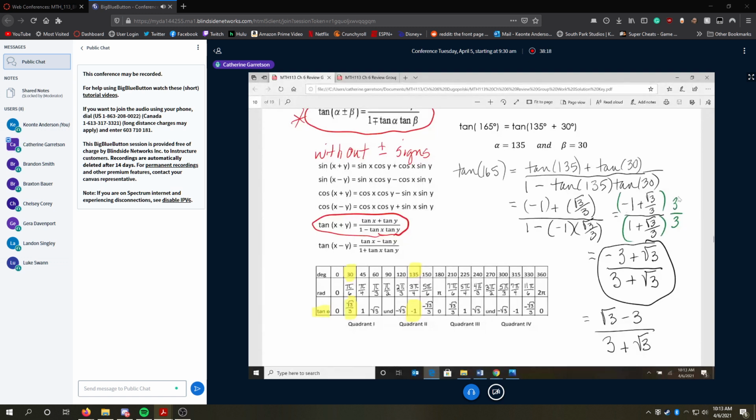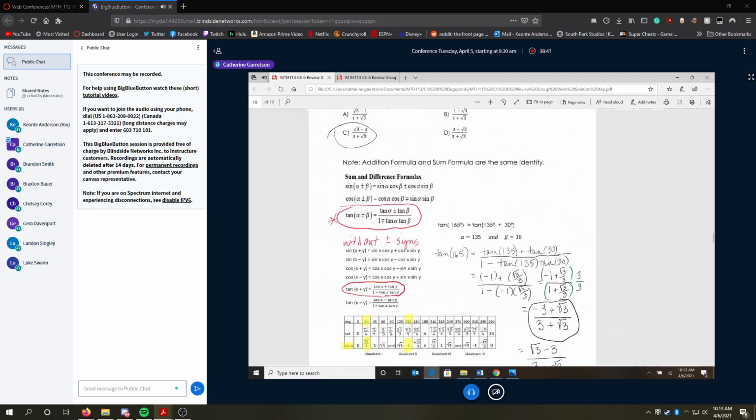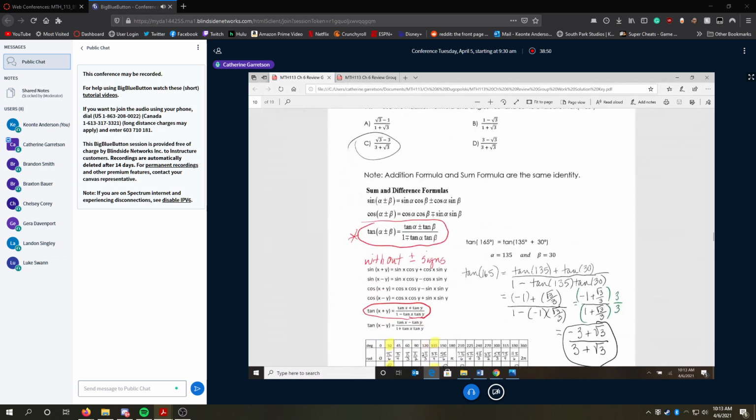If I just multiply each term by 3, it'll get rid of the fractions, and this will become -3 plus √3, and then this will be 3 plus √3. So I'm looking for this answer. Now notice you can reverse the order of subtraction. I can rewrite that as √3 subtract 3. So this is a little bit tricky because the answers all look about the same. So you have to be careful, but this is the correct answer.